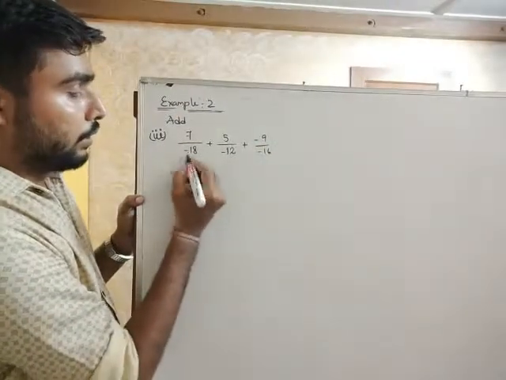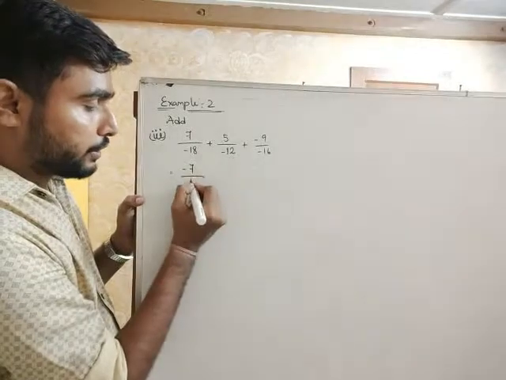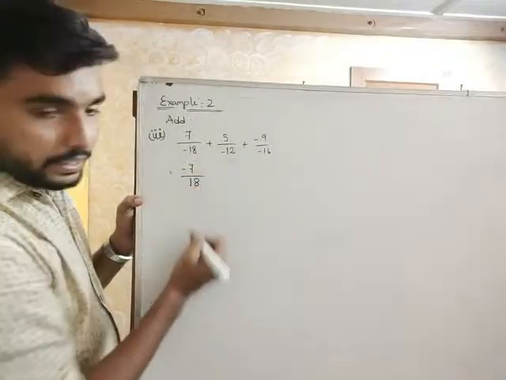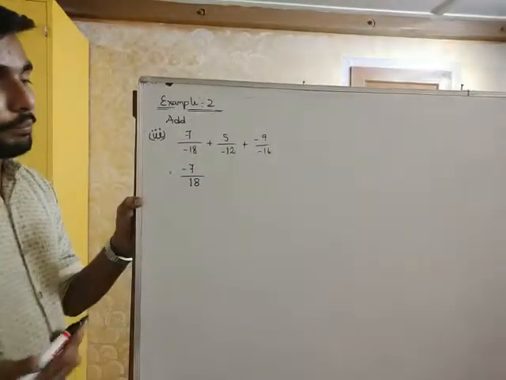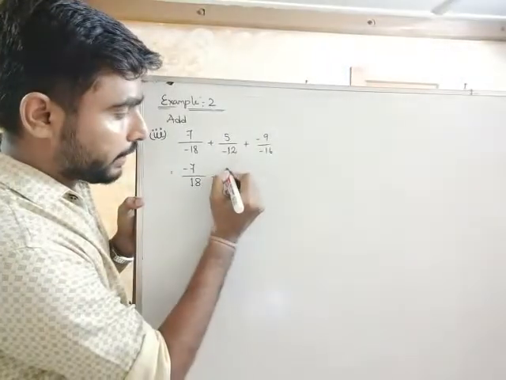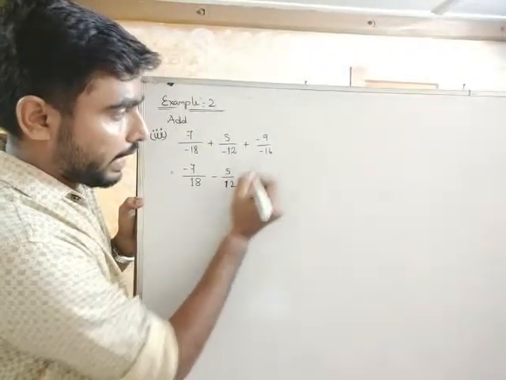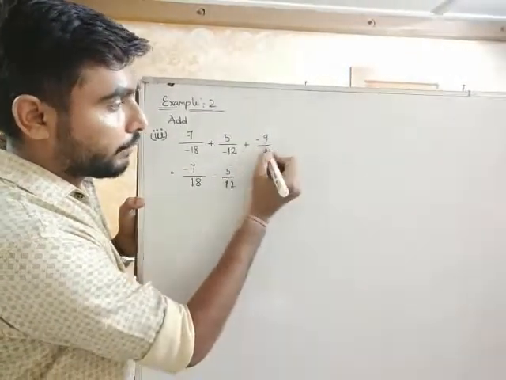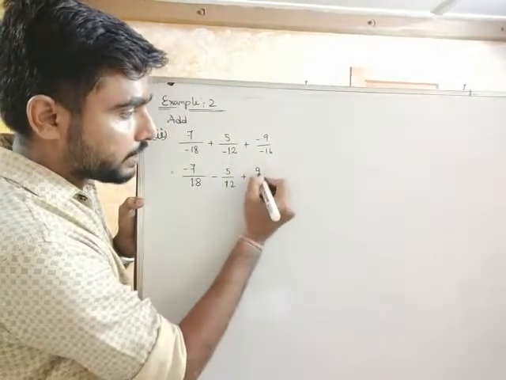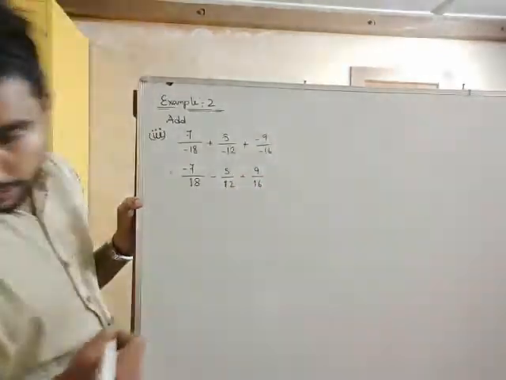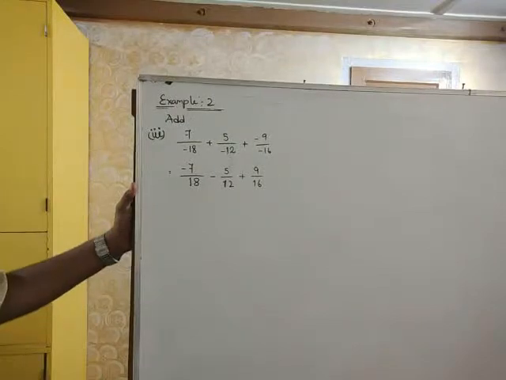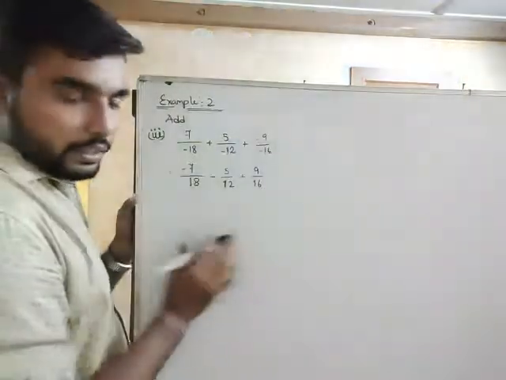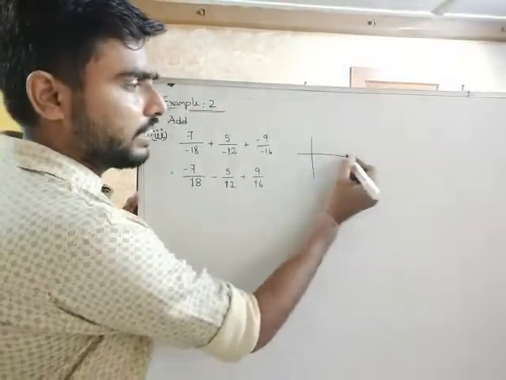Now, the denominator shall be positive, so minus is taken with the numerator. Minus 7 by 18 plus minus 5 by 12, and minus minus will be reduced and it will become plus 9 by 16. Got it right, all of you? Now, you can see the denominators are different and a little larger numbers.